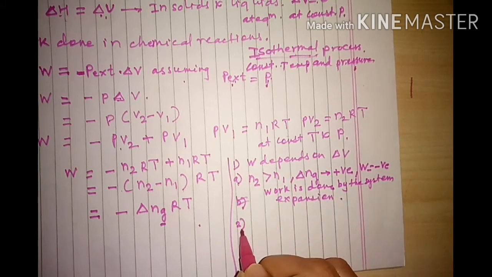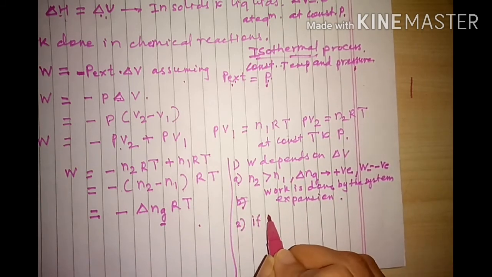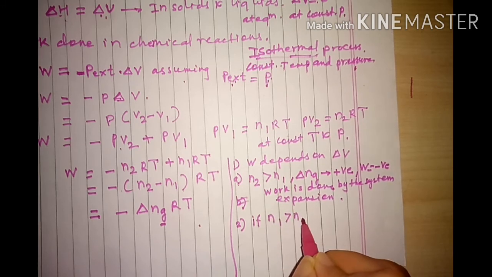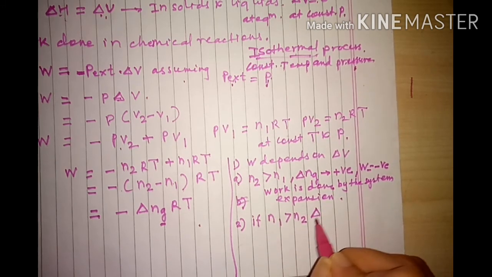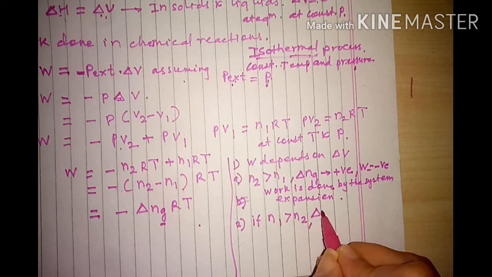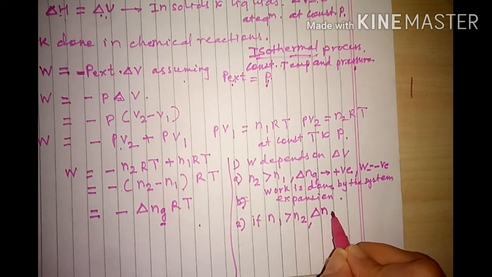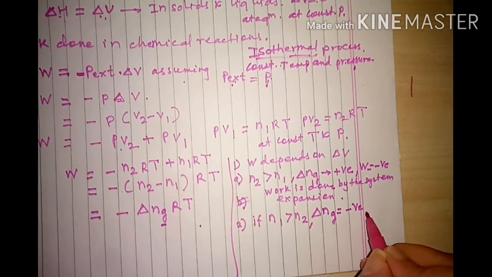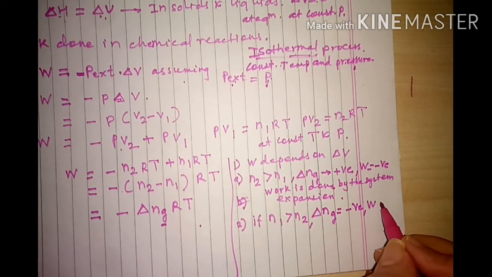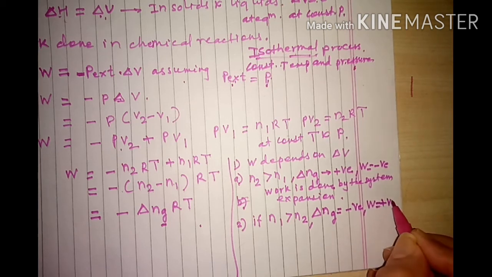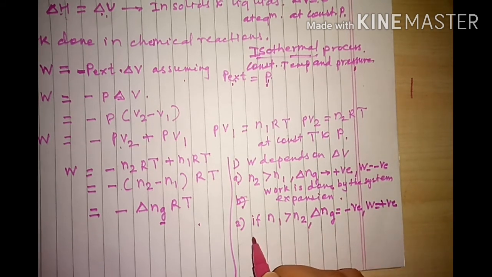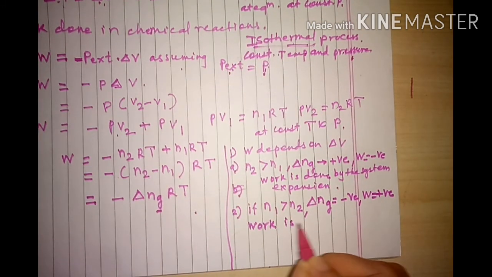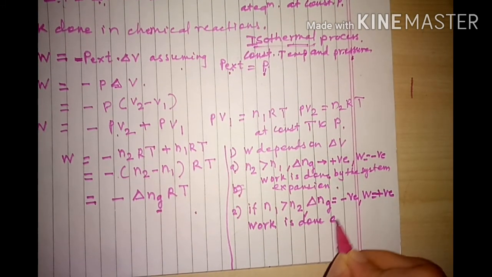Second, if N1 is greater than N2, delta Ng would be negative and W will have a positive value. When W is positive, it means that work is done on the system.